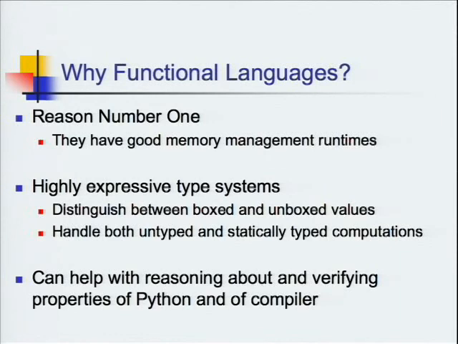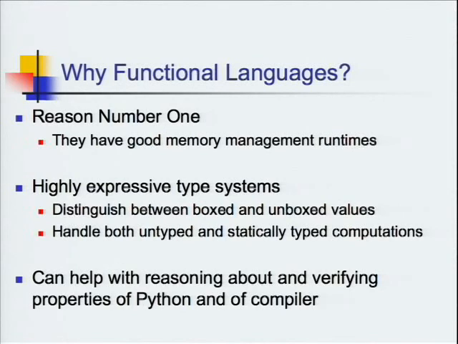So that, in fact, is perhaps the best reason to use functional languages as an intermediate for compiling a dynamic scripting language like Python, which relies a lot on garbage collection and does not expect the programmer to manage their own memory. They have highly expressive type systems, which can distinguish between boxed and unboxed values, and can also handle a range of computations ranging from untyped to statically typed computations.